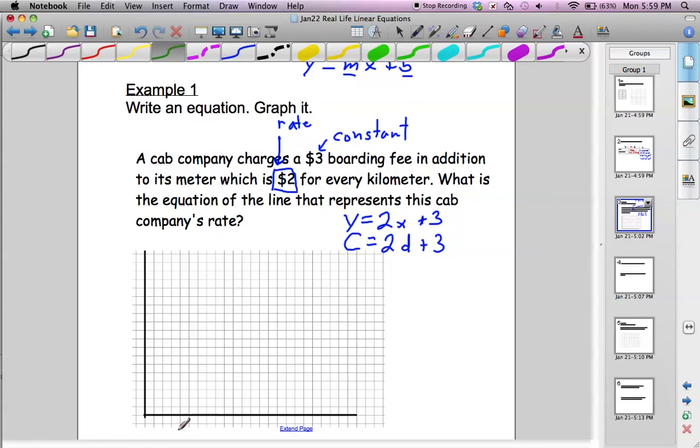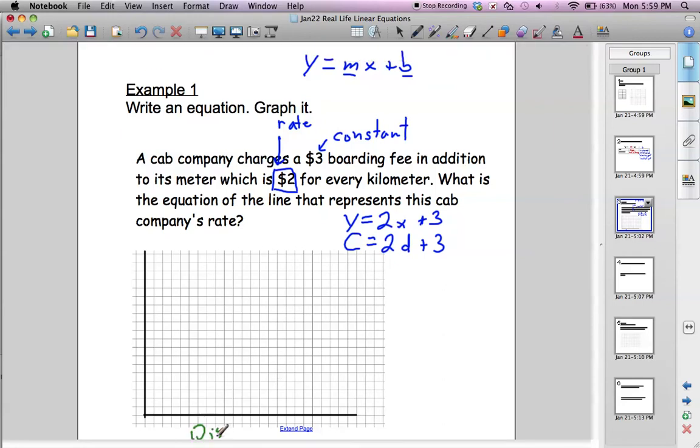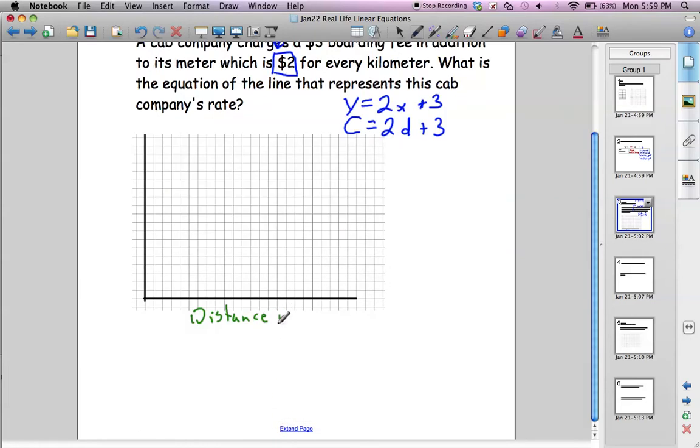The x-axis down here, x corresponds to d, which is distance, in kilometers. And on the side here, we're going to have cost in dollars.